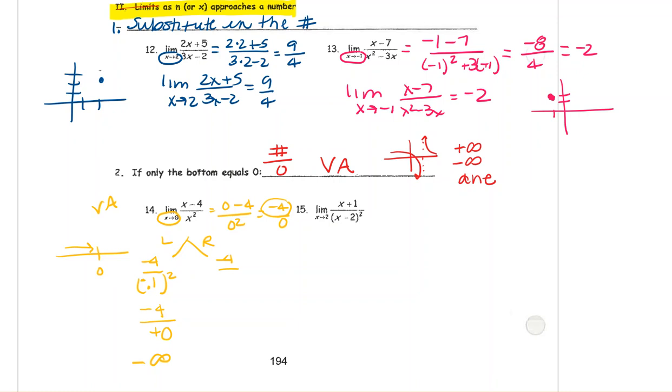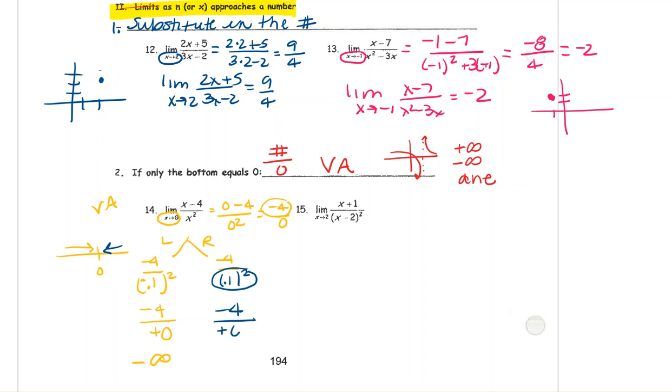And then you check the other side as well. Okay, but as I approach 0 from the right, this would be like 0.1 squared. So I'm going to keep this negative 4, and all I care about is if this comes out to a positive number or a negative number. That's close to 0. We already know the bottom is getting close to 0. I just care if it's close to 0 and positive or close to 0 and negative.